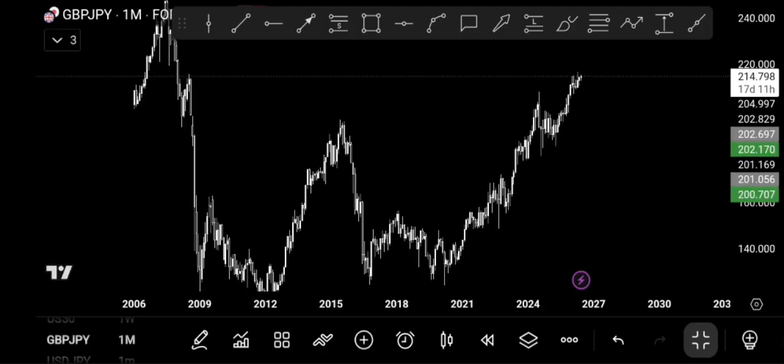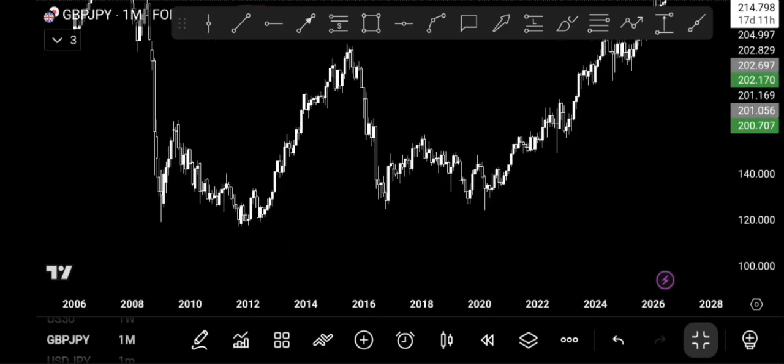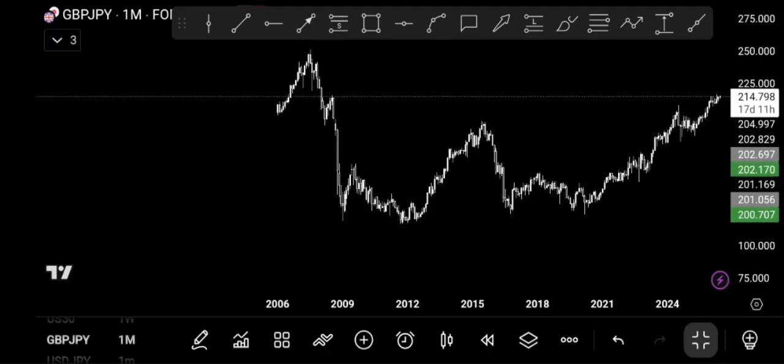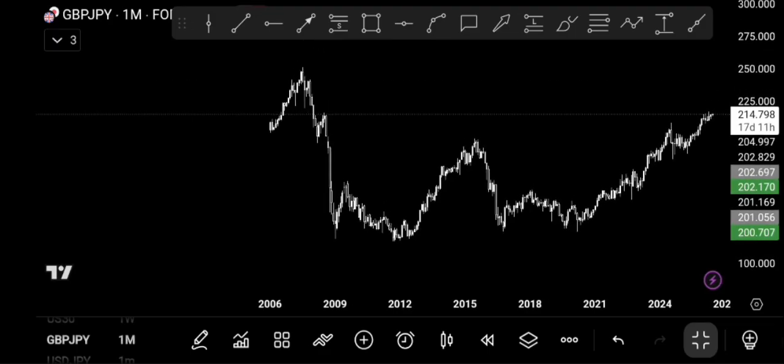It's not just about the extreme low and the extreme high. I'm going to show you something now. This is how to mark. This is GBP JPY on the monthly time frame.